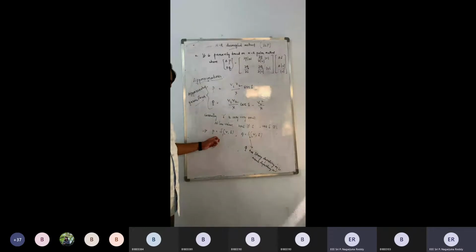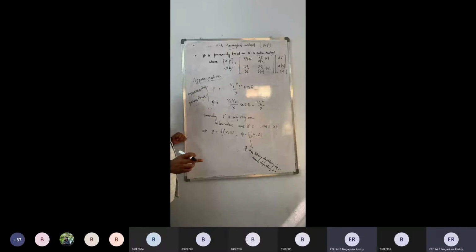On the other hand, P is dependent on V and delta. Any changes in V or delta are going to impact your P value. Any changes in voltage or any changes in angle will directly impact your changes in power.